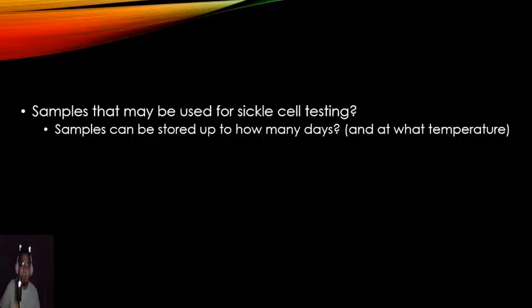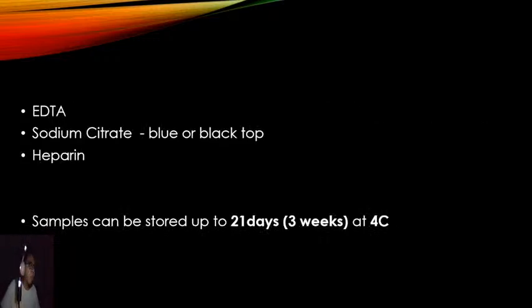Now, the samples that may be used for sickle cell tests, we can use EDTA, heparin, and citrated samples. The samples need to be stored at 4 degrees Celsius, not at room temperature, for 21 days. Anything longer than that would be subject for discard. That's also the reason why we often discard our samples in hematology after a month.